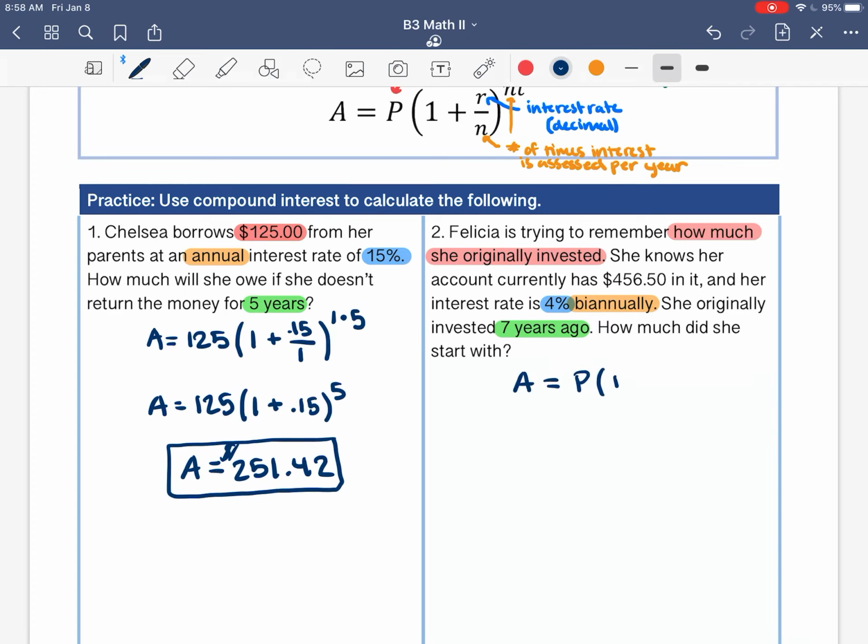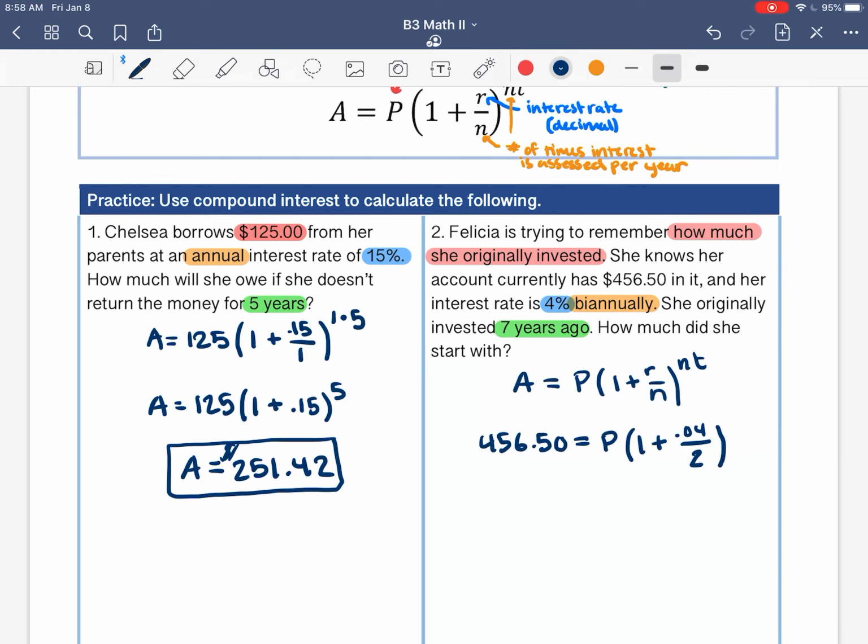So let's just write that out here. I'm going to start with the formula so we are clear on what we're replacing with what. The A is going to be $456.50. The P we're not sure, so we're going to leave it as a P. And then the rate is 0.04, careful with that conversion.